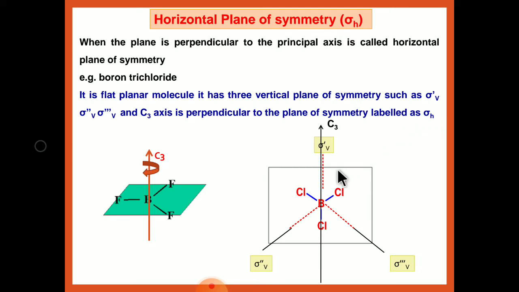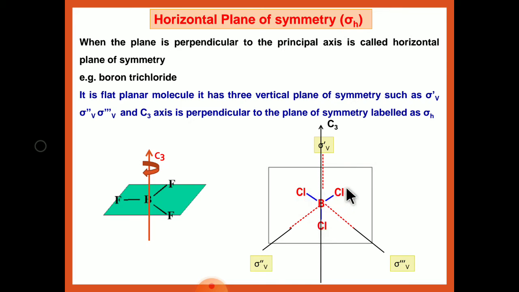So in this diagram, the frame shown in black color is the sigma h. So this is the sigma h frame, which bisects the molecule horizontally into two equal halves. Therefore, all the 4 atoms of the BCl3 molecule show their reflection on the other side.